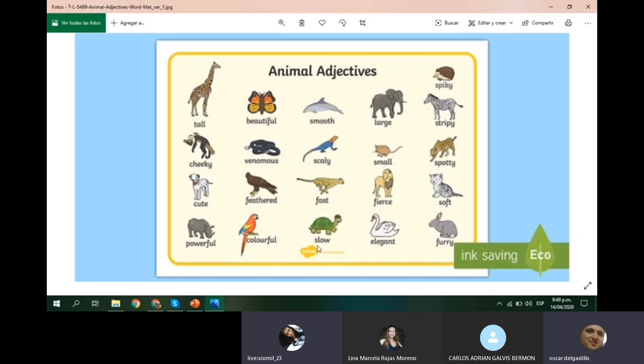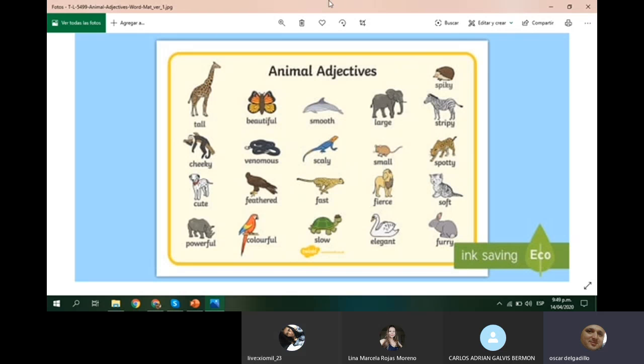The turtle is the slowest animal in the forest, and the dog is faster than the mouse. The leopard is faster than the rabbit. Okay, Xiomara is good.